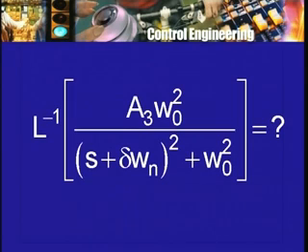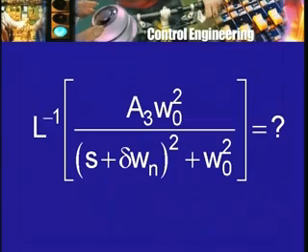The other term can be handled also equally easily. The other term is given by a3 omega 0 square divided by s plus delta omega n square plus omega 0 square, and I am asking what is the Laplace inverse of this. Now, here I have s plus delta omega n in the denominator, but there is no s or anything involving s in the numerator.